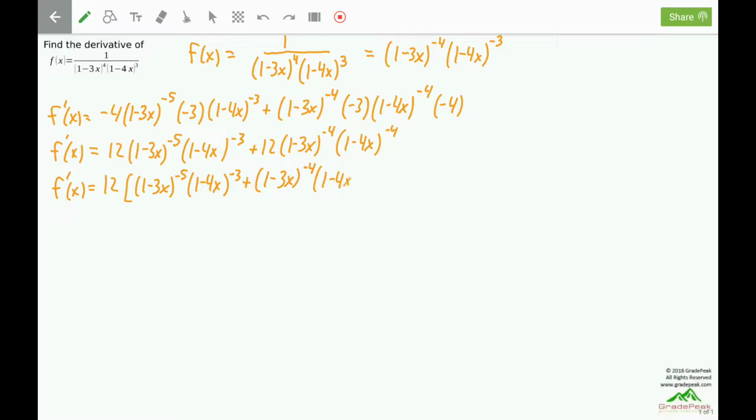So we have factored the constant out. The next thing to factor out are powers of the expressions. Now we have a 1 minus 3x raised to powers in each term, and we have a 1 minus 4x raised to powers in each term. We'll be able to factor those out.